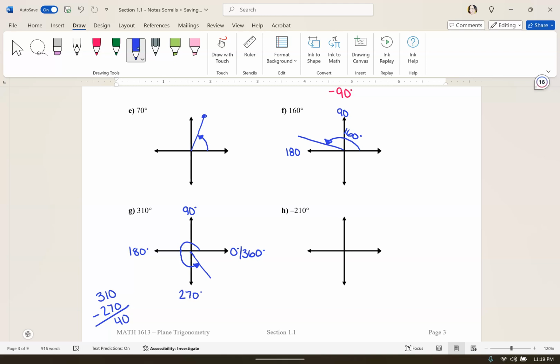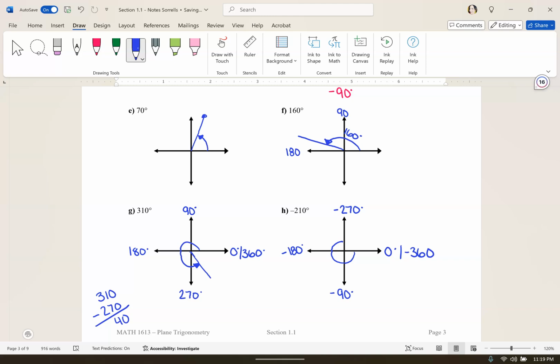Okay, H was the second negative one for you to do. So because this is only the second one, I'm going to go ahead and put my negatives on there. And of course, that would be negative 360. So notice, this would be 90. This would be 180. But if I go all the way there, that's way too far.